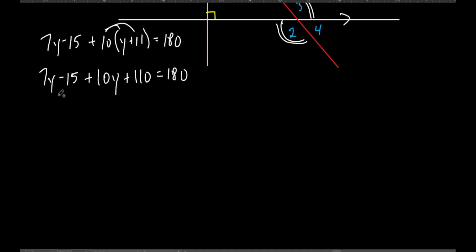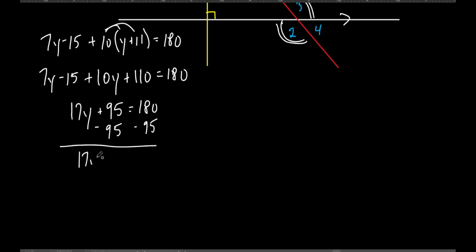All right, let's add like terms. 7 and 10 is 17. Add those up. Negative 15 plus 110 is 95. I'll do the math for you. That's equal to 180. Subtract 95 from both sides. All right, so 17y equals, that's 85.